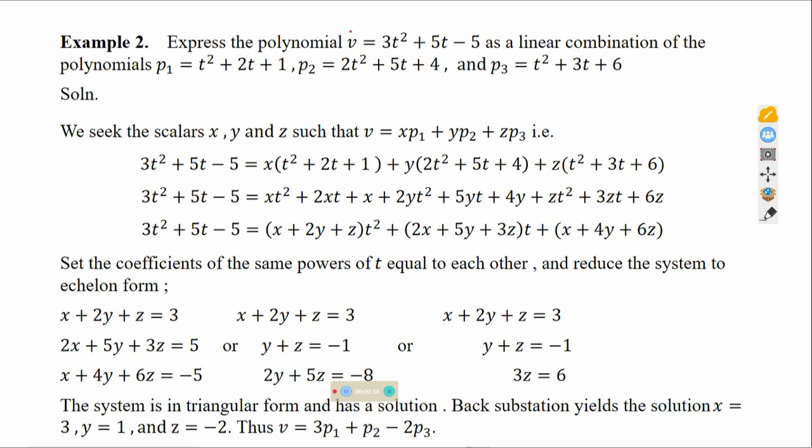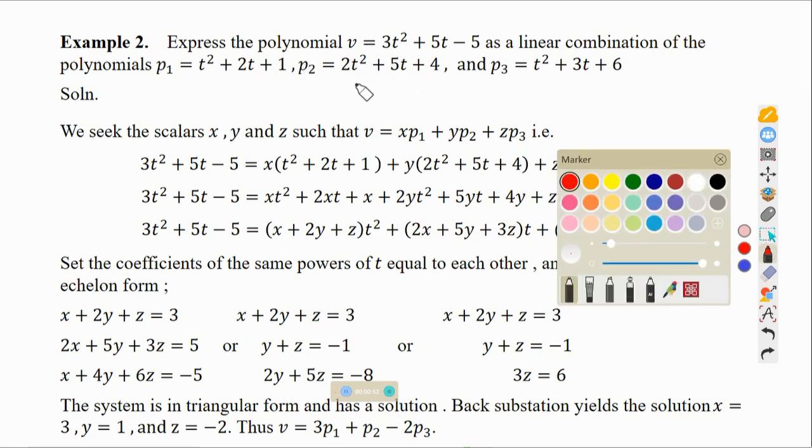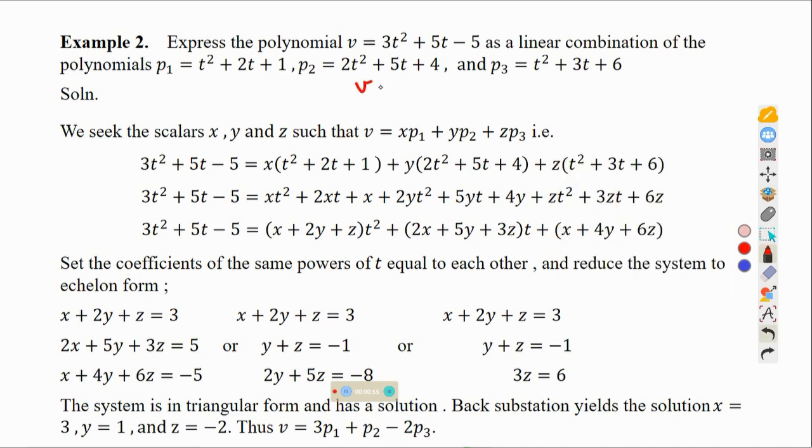To do that, we must seek for the scalars such that we can write v as a combination of p1, p2, and p3. We can let our scalars be x, y, and z, such that we are able to write v as x p1 plus y p2 plus z p3.